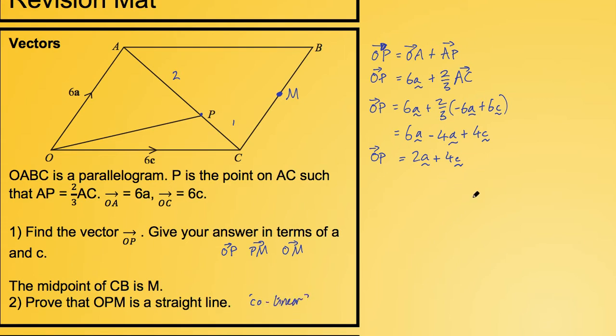Collinear. So I'm going to start off by, I've got OP from the first question. I'm just going to use OM. So OM, I can get there by going OC and then CM. And we know that all of this is a parallelogram, so that is vector 6A as well. So OM is OC plus half of CB. I'll just write it like this first of all, OC plus CM.